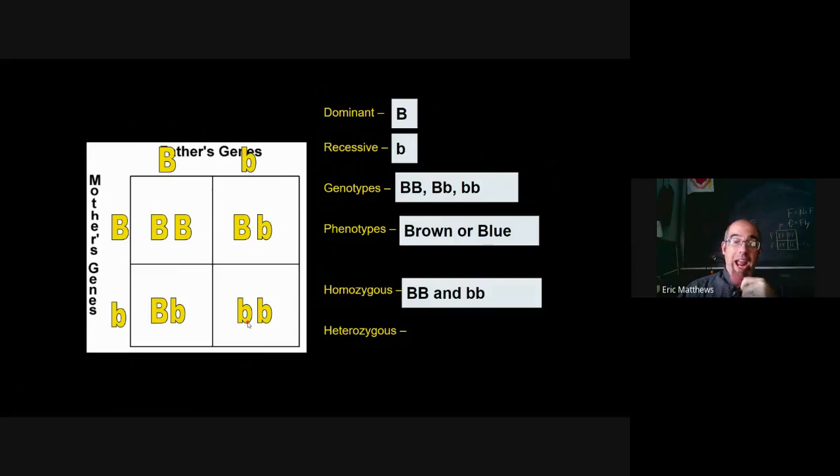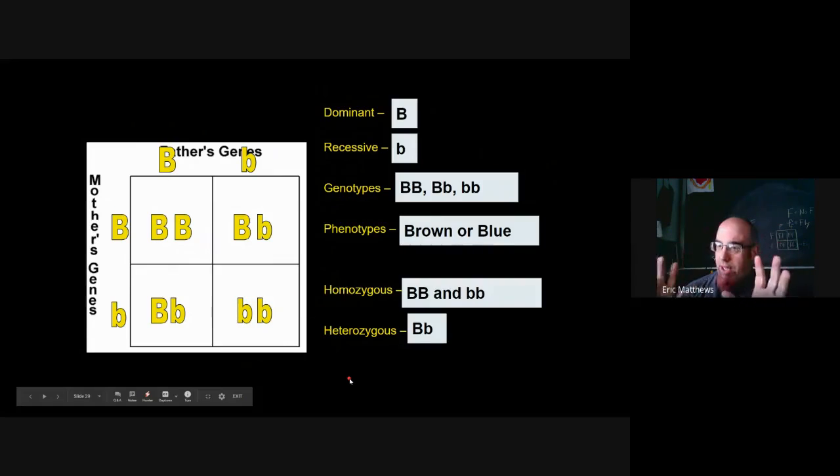And our heterozygous example, and once again, hetero is Latin for different, will be capital B, little b. So this one is heterozygous. This one is homozygous dominant. This one is homozygous recessive. Good. All right, so we've got a little bit of review.